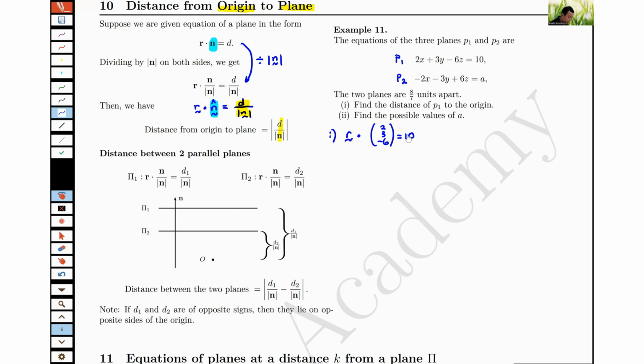In order to apply this formula that we have, you mod the normal vector. So mod means we go for the square root formula. This will give me 7.